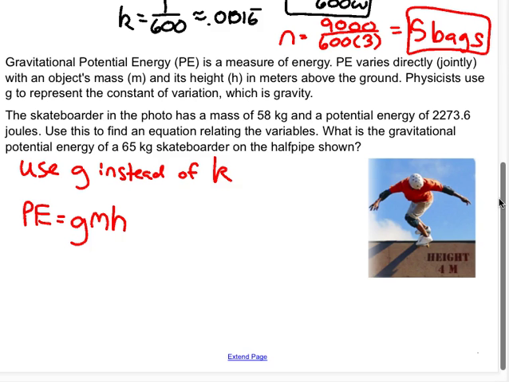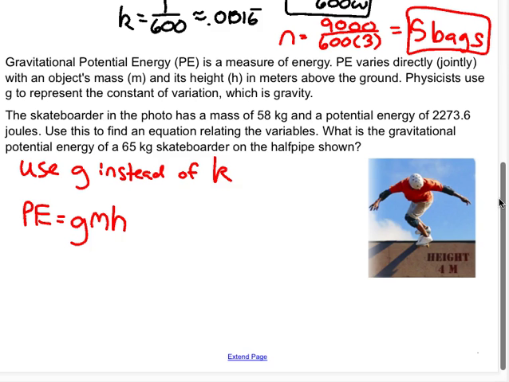So, the skateboarder in the photo has a mass of 58 kilograms and potential energy of 2,273.6 joules. Use this to find an equation relating the variables. What is the gravitational potential energy of a 65 kilogram skateboarder on the half pipe shown?